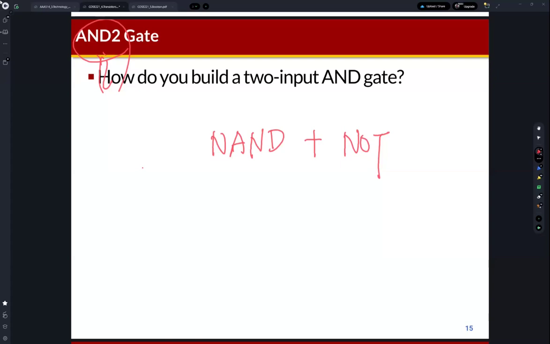So we cannot directly implement an AND gate or OR gate using this CMOS transistor circuit. We need to combine NAND plus NOT or NOR plus NOT for implementing AND or OR gates.